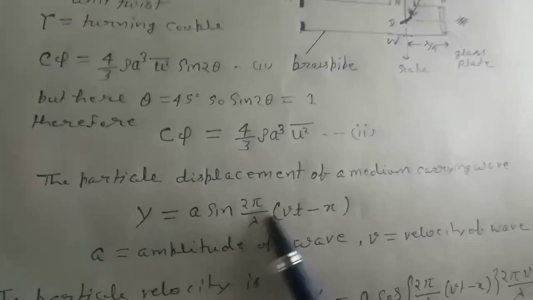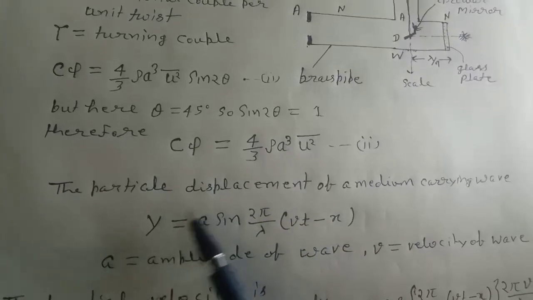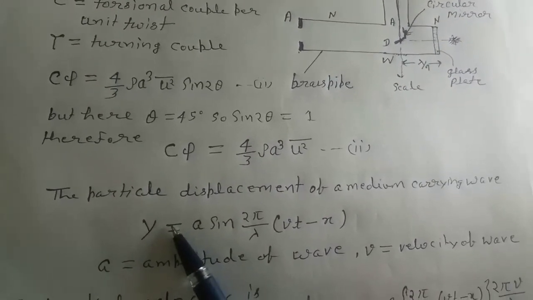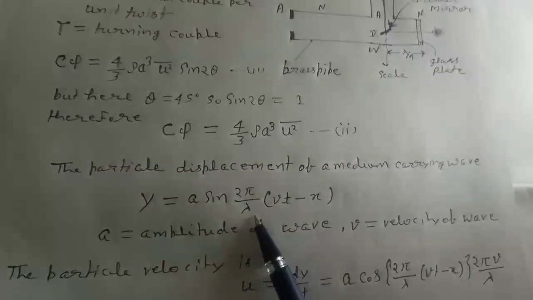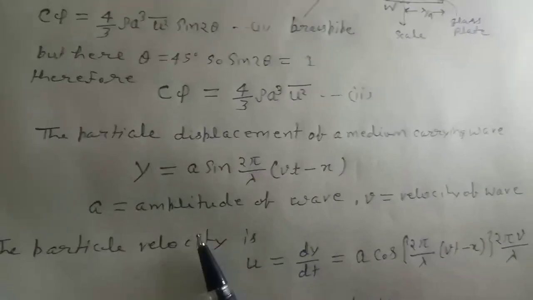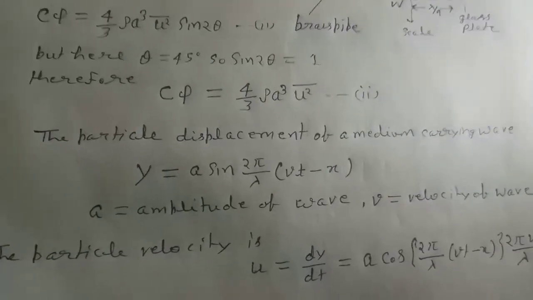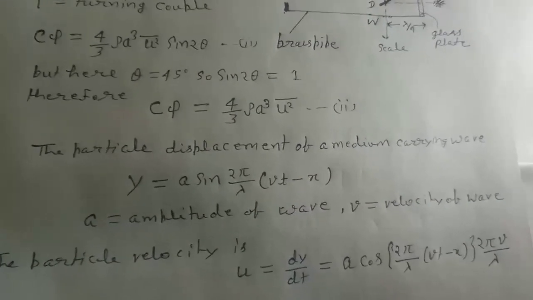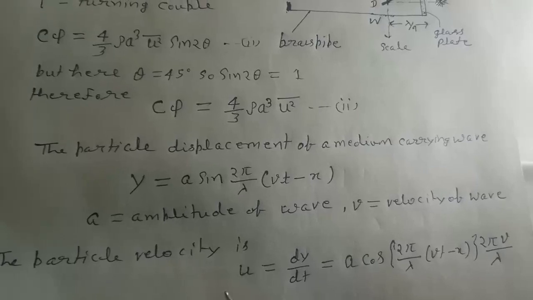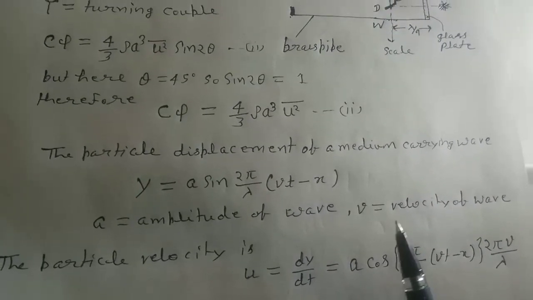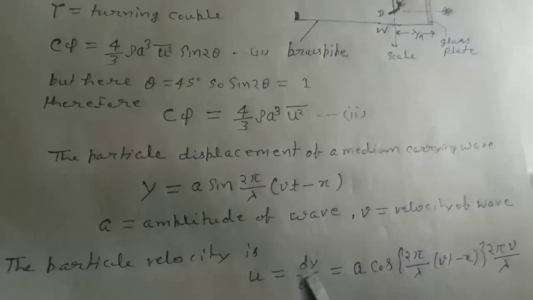Now the particle displacement of a medium carrying a wave is given by y equals a sin (2π/λ)(vt − x), where a is the amplitude of the travelling wave and v is the velocity of propagation of the wave.